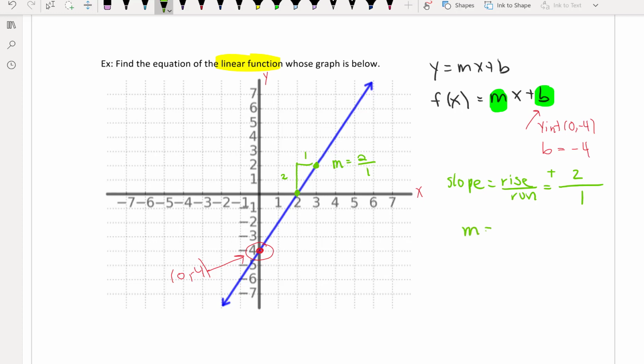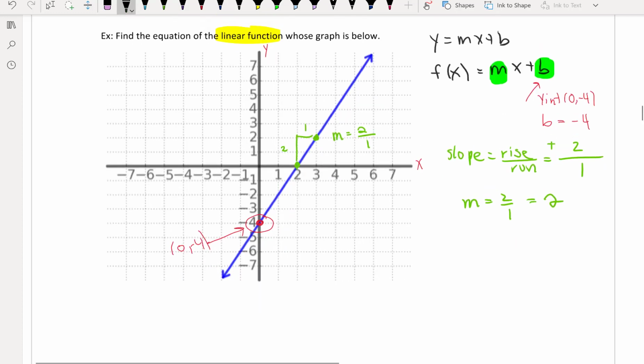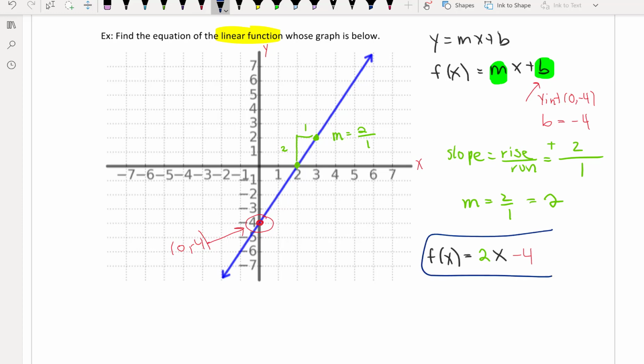So my m is equal to 2 over 1, which is the same as saying just 2. So now with confidence, I can say that my function is f of x is equal to my 2x, and I have my y-intercept as -4. And that will be my final answer. f of x is equal to 2x minus 4.